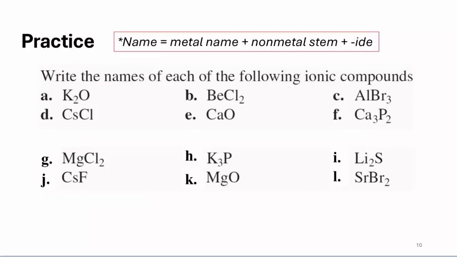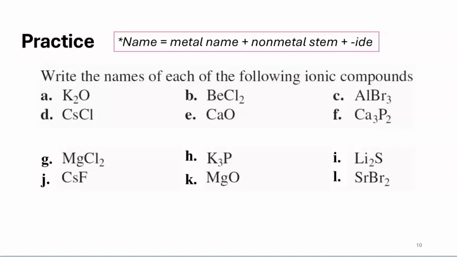If we are given a chemical formula for an ionic compound, let's practice as much as we can with the following problems: how to write the name given the chemical formula for a binary ionic compound. In the box with the red outline, I have mentioned the rules for naming.